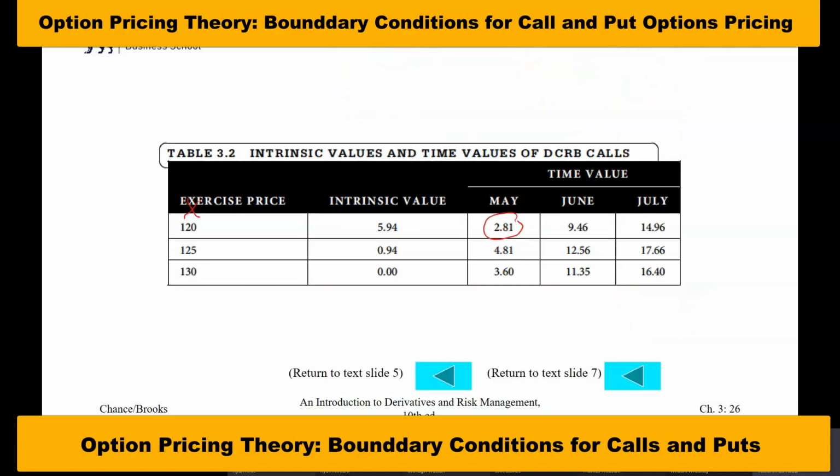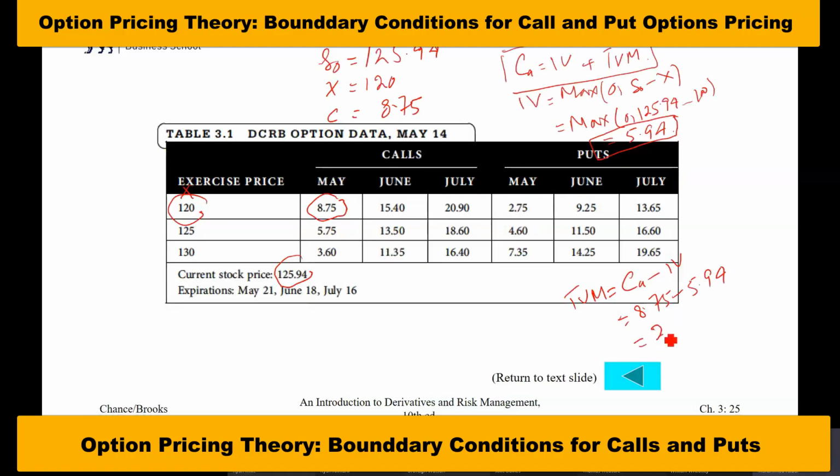So the time value of money for the American option is 2.81. You see, the call price in this case is composed of an intrinsic value of 5.94 plus a time value of money of 2.81. And we have proved that this is equal to 8.75. The same can be used to calculate the intrinsic value and the time value of money for this call, and then for the July one.